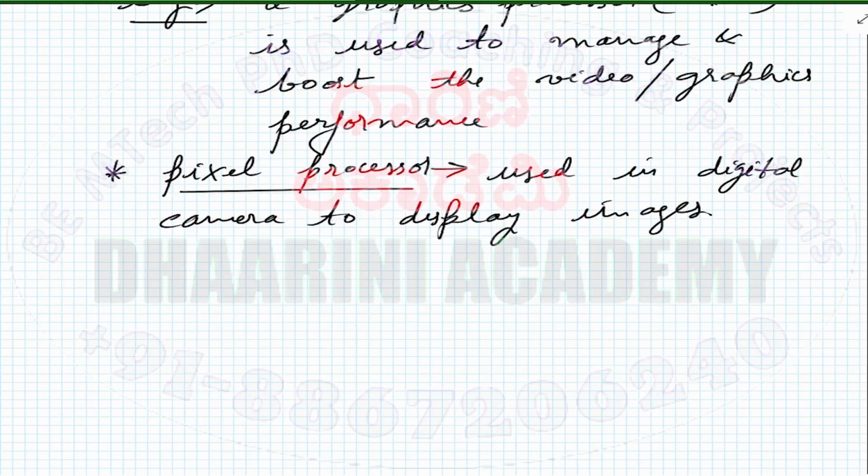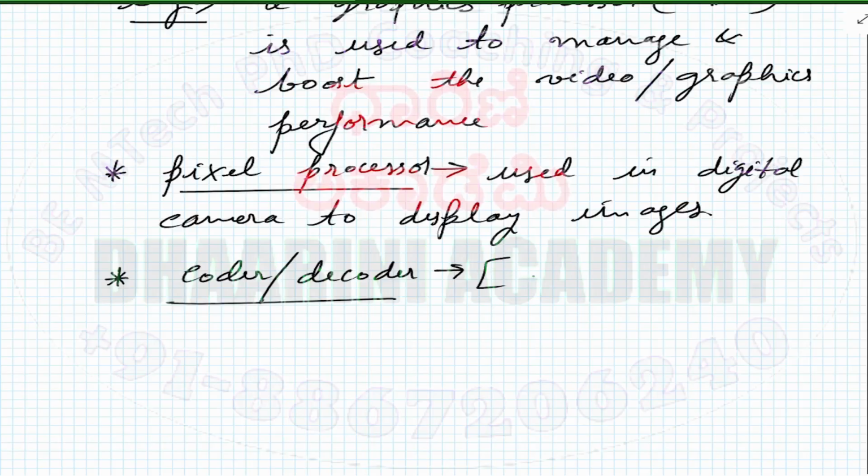Okay, then we have some other processors coming up in embedded systems which are coprocessors. It's called a coder or decoder, CODEC, right? It is actually a circuit which encodes input and decodes the encoded information.